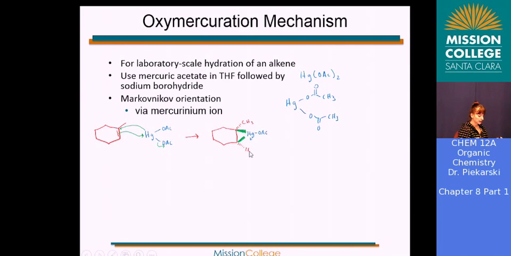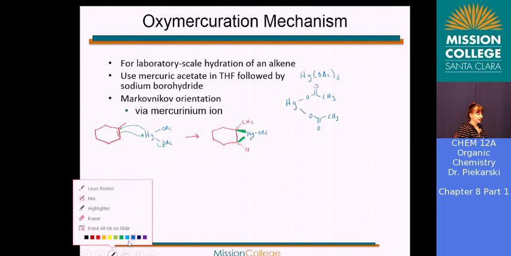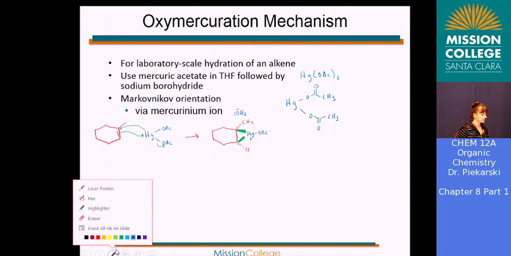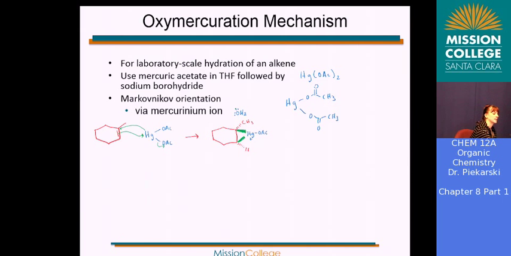We are adding water in the process. So water's going to come in and act as a nucleophile, kind of like what we've seen before. And where do you think the water's going to attack? On the more substituted side. Good. Like I said, it follows the Markovnikov regiochemistry. It's going to attack the more substituted side, pop open that mercurinium ion. That was the intermediate we had.